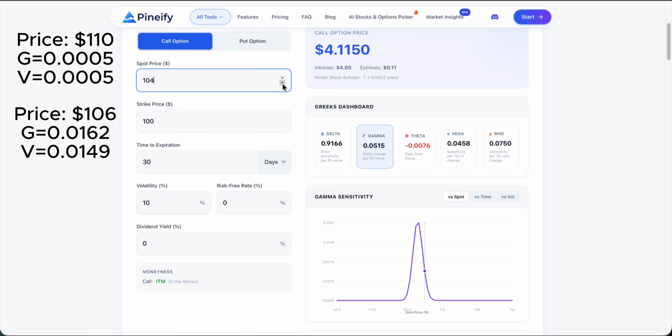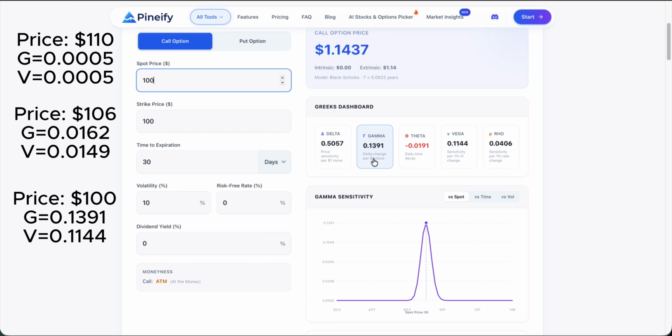As we move towards 100, we reach pretty much the peak, and at this point the Gamma and the Vega are at their maximum. From this point onwards, as we move towards out of the money, in this case 94, you'll see that both the Vega and the Gamma start to decline.